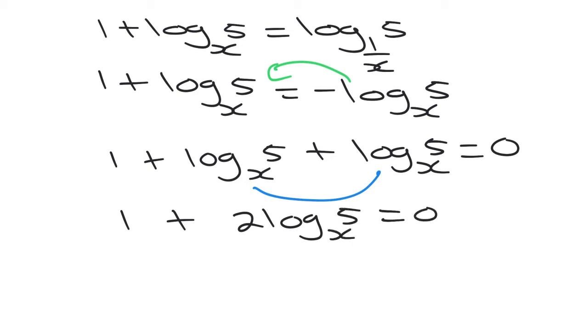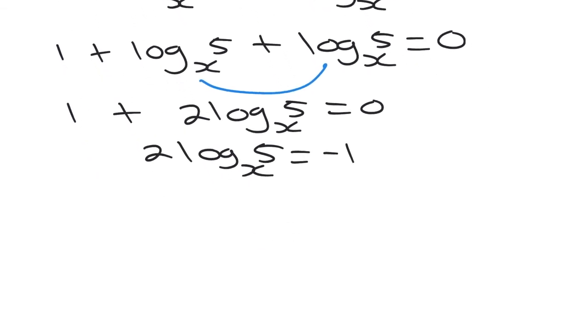Now from this point there are two ways of doing this. First of all, let's take this 1 over, so we have 2 log 5 base x is equal to negative 1. Now, taking the 2 to make it an exponent of the 5, we have log 5 to the power of 2 base x is equal to negative 1.